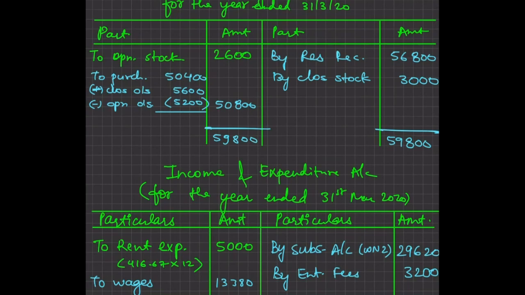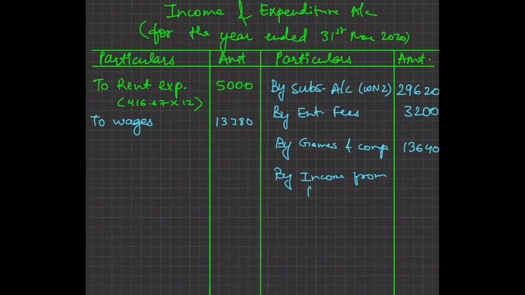So the balancing figure would be my income from restaurant, which will be transferred to income and expenditure account. So what is that balancing figure? This is 6,400. 6,400 will be credited by income from restaurant business.